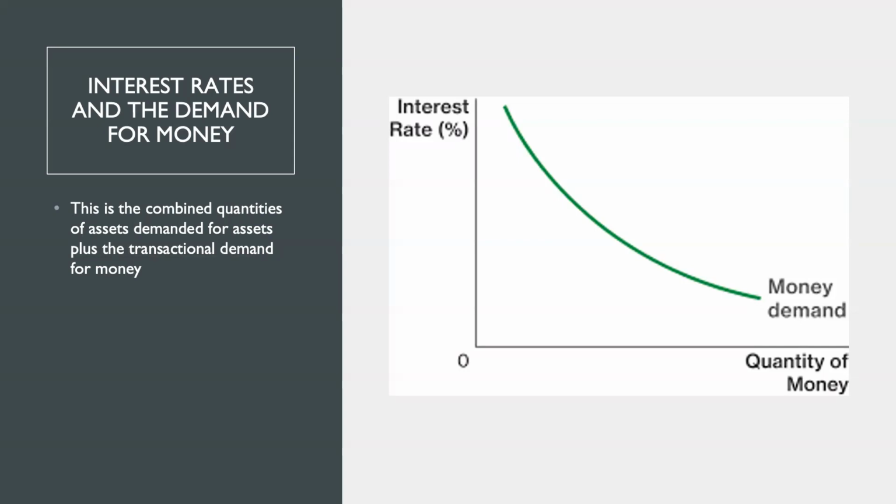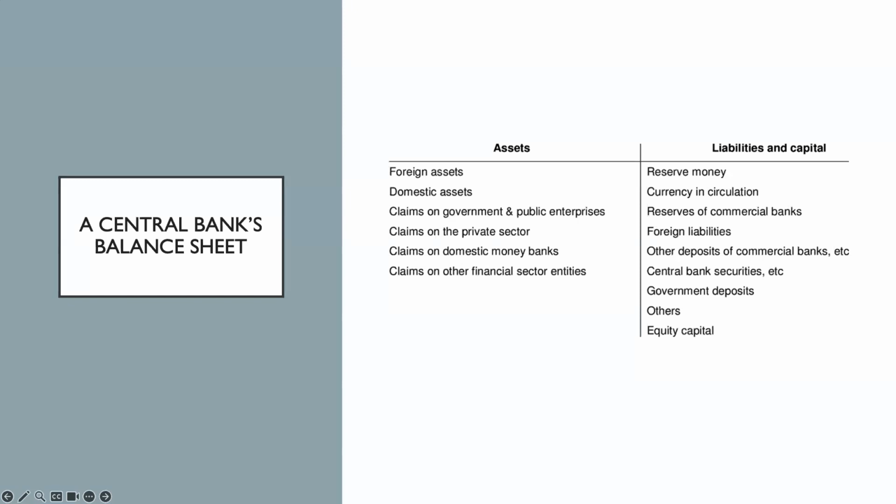Now that we understand this, let's go into it from the perspective of the central bank. Just like any other business, banks and the central bank have financial statements. If we take a look at the financial statements of a central bank, we will see assets, liabilities, and capital, just like everyone else's.